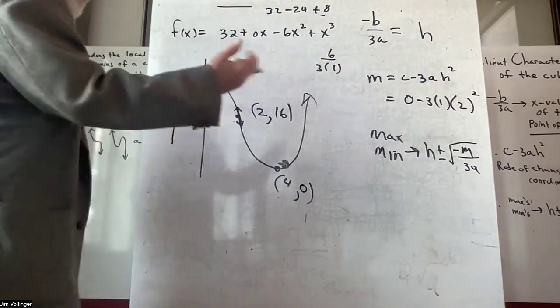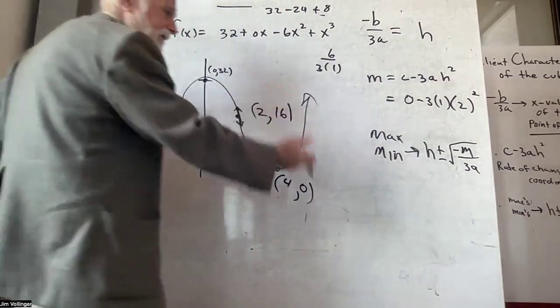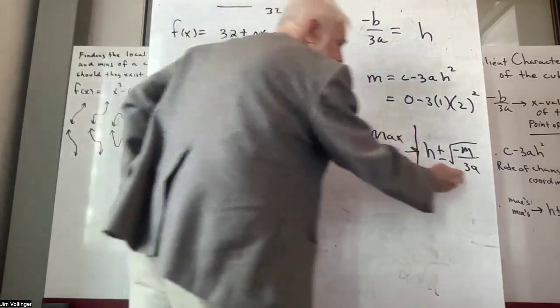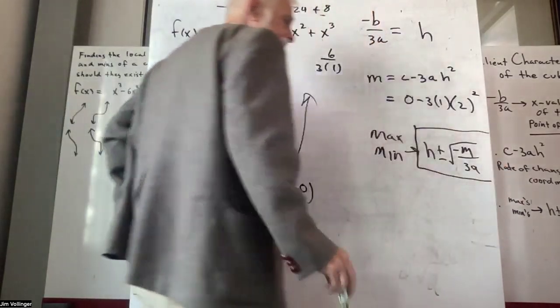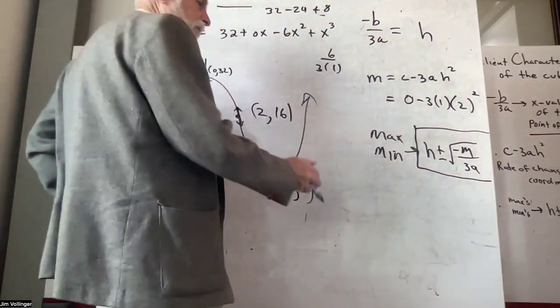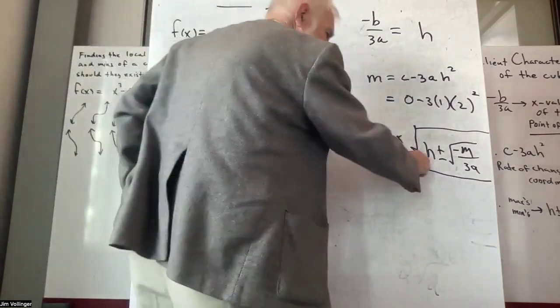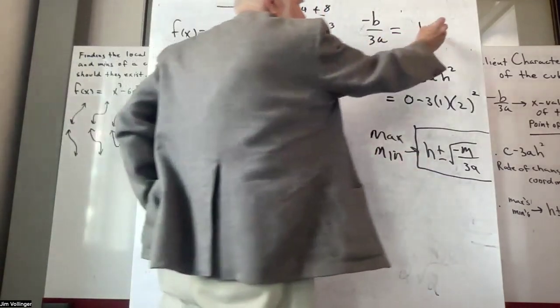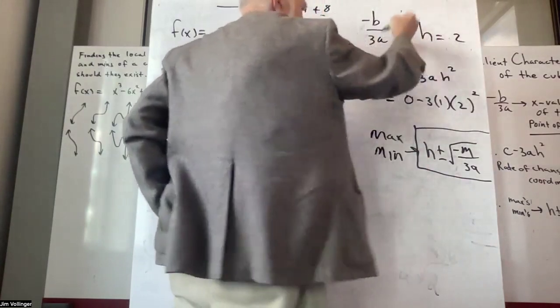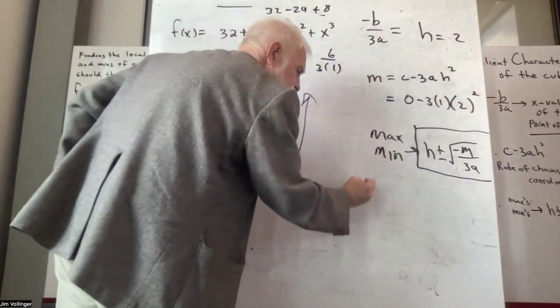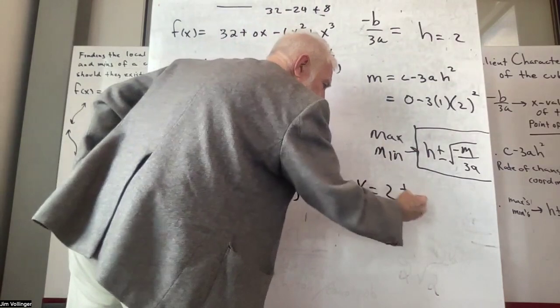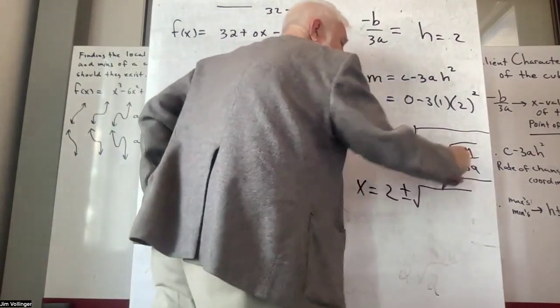All right, so the max should verify. The max and mins can be verified by this formula. It's the interplay of the two graphs, the linear component and the cubic. So h in this case was, we already did it, 2, minus b over 3a. So my x values come from 2 plus or minus the square root of the opposite of that slope.